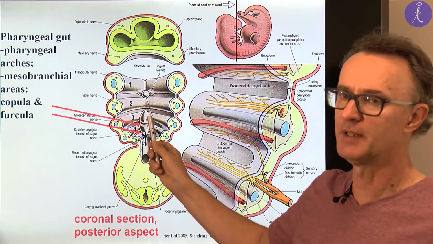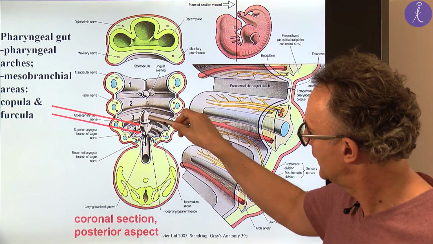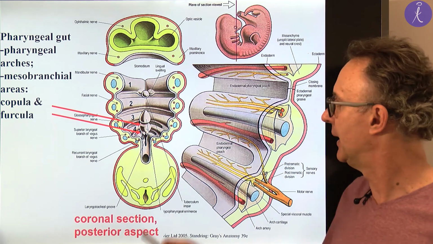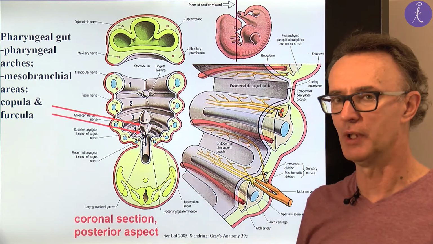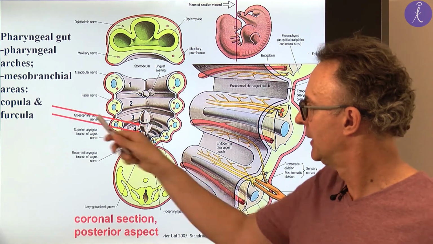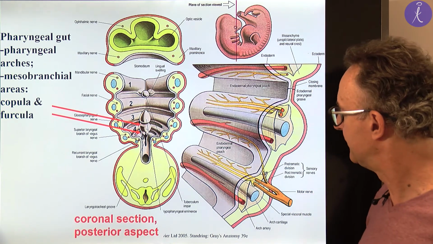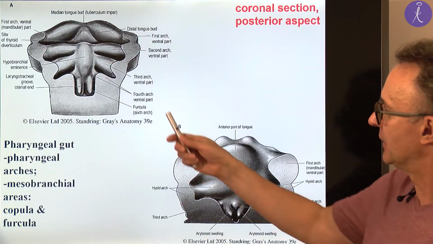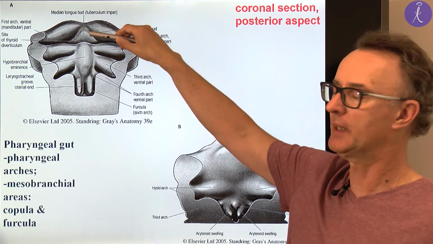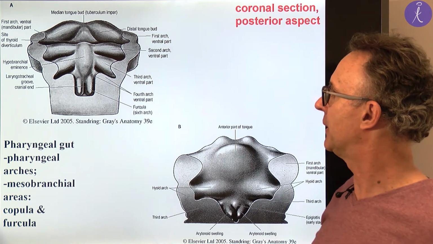The proximal part is the copula, the distal part is the furcula, and the copula will join these three other tubercles and form the root of the tongue. The furcula will contribute to the formation of the laryngeal inlet. Now this is with higher magnification. You see the three anteriorly located tubercles, the two lateral ones, and between them the tuberculum impar.